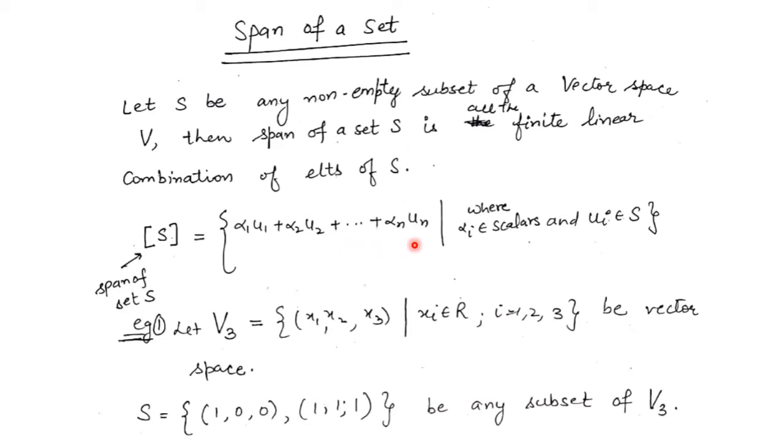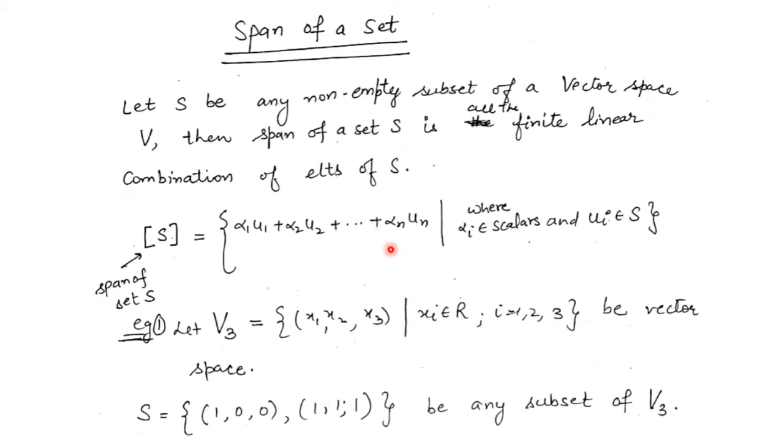Consider this combination. This combination is said to be the linear combination of the members of S. Since it is finite in number, this is called a finite linear combination of the members of S.